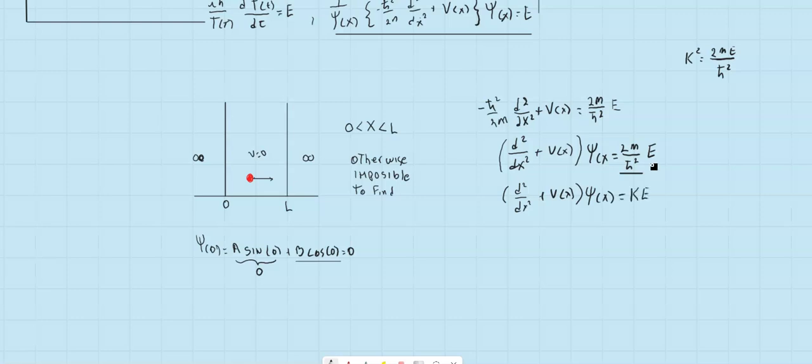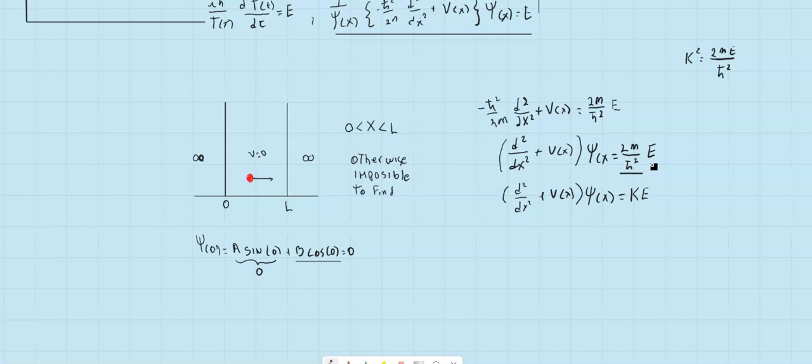So I know that I have my parameters. x has to be greater than 0 but less than L in order to find the particle. If it's outside, the potential is infinite. We will never be able to find it.